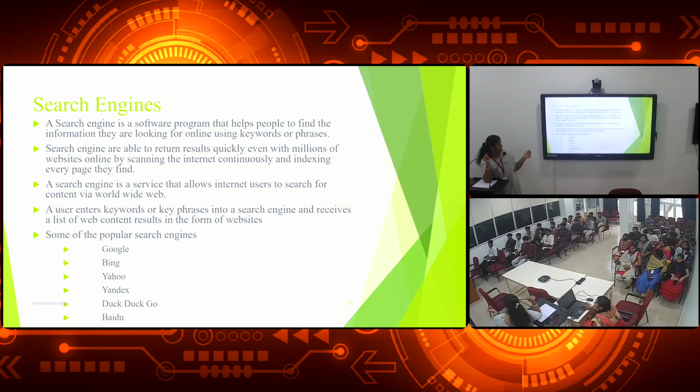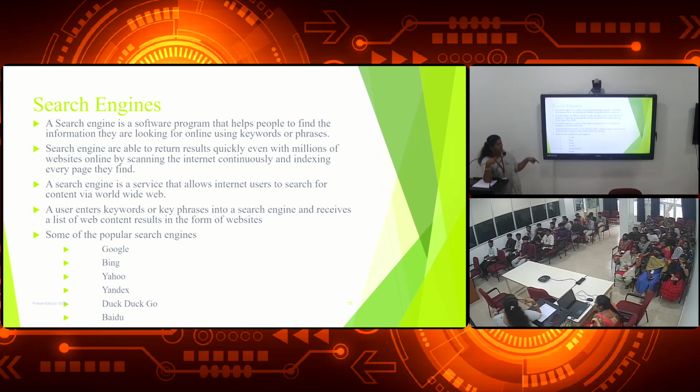Search engines, you people are very familiar with this. What are all the search engines? Some popular search engines are Google, Bing, Yahoo, Yandex, DuckDuckGo and Baidu. Baidu is one of the famous Chinese search engines. Like Google, the Chinese people in China use this Baidu, and it is similar to Google.